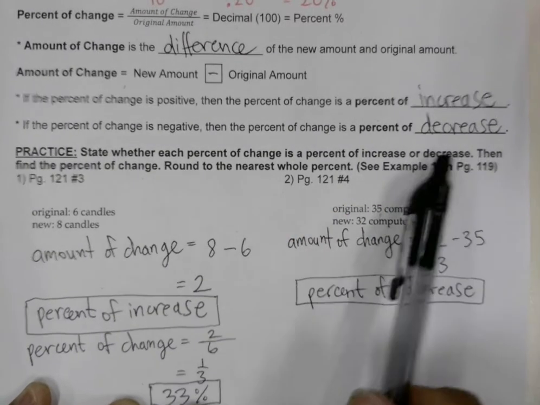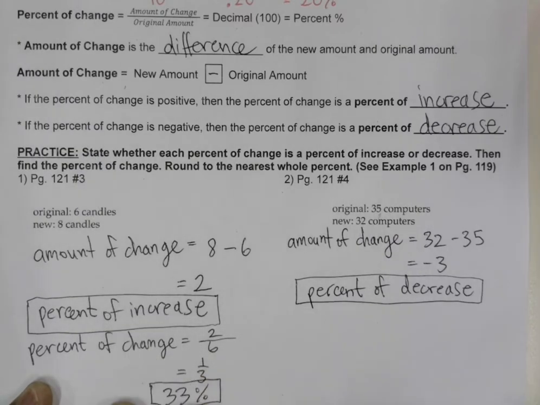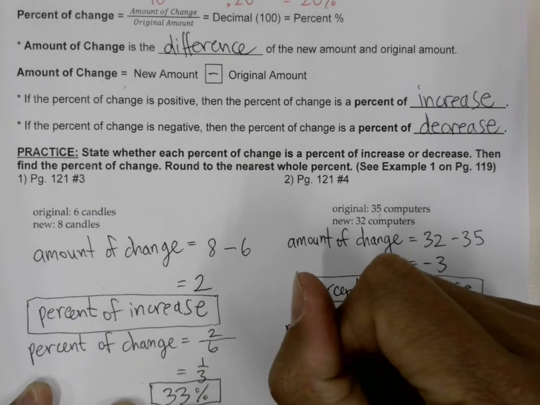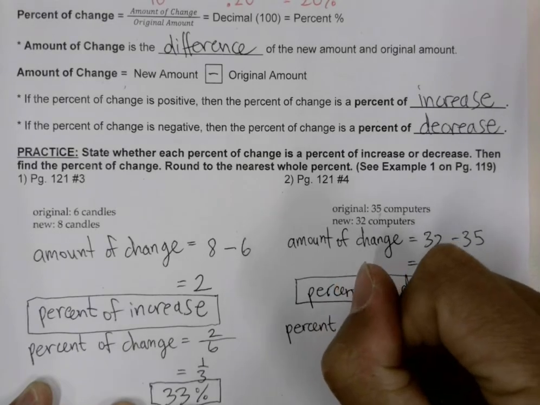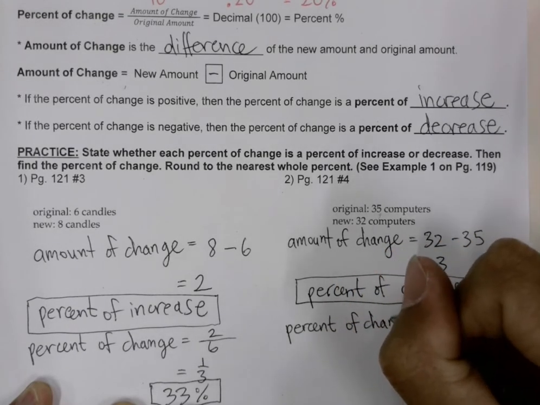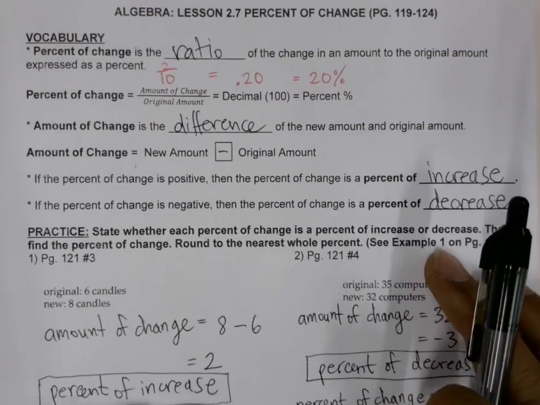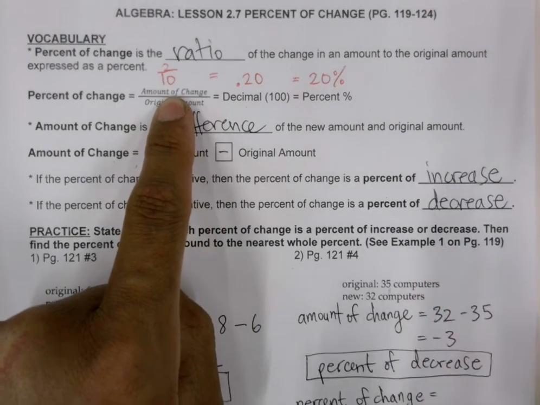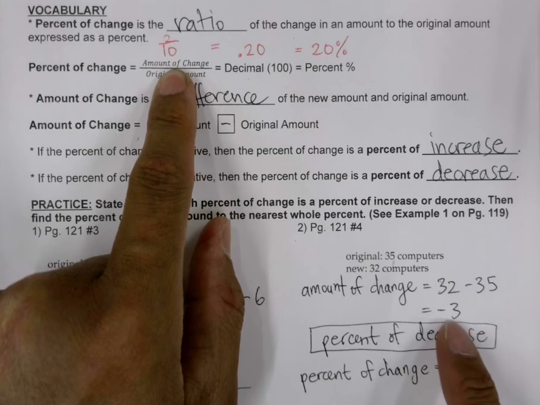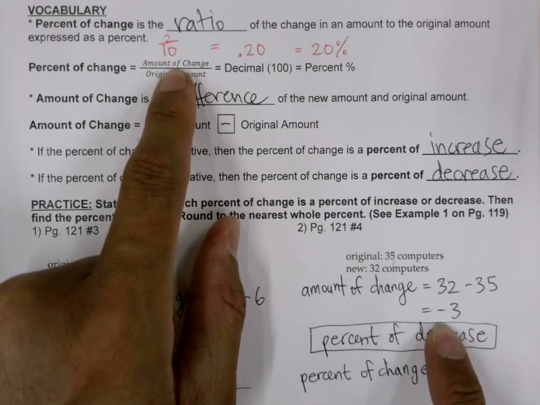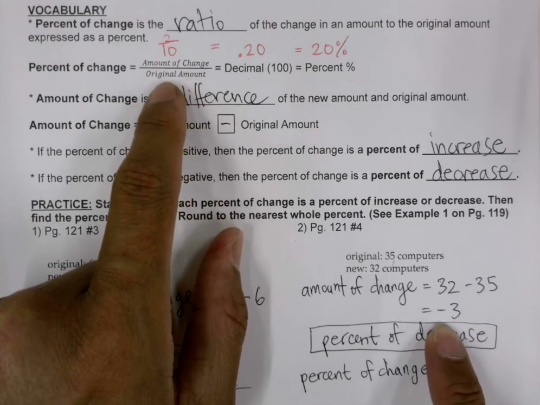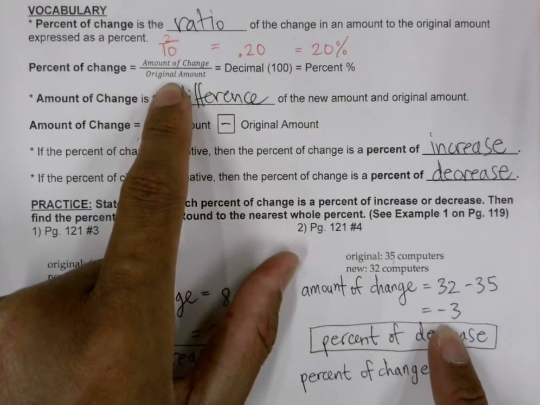And now we need to find the percent of change. So I'm going to put that here, percent of change. And that is going to be equal to the amount of change, which we just figured out here, -3, divided by the original amount.